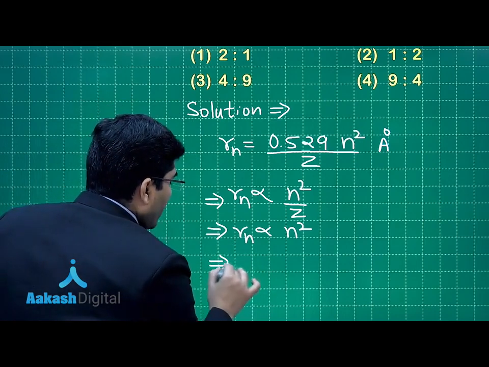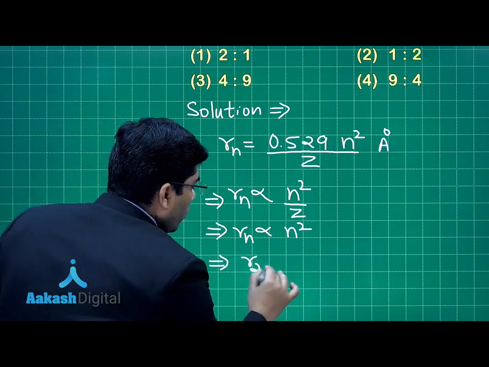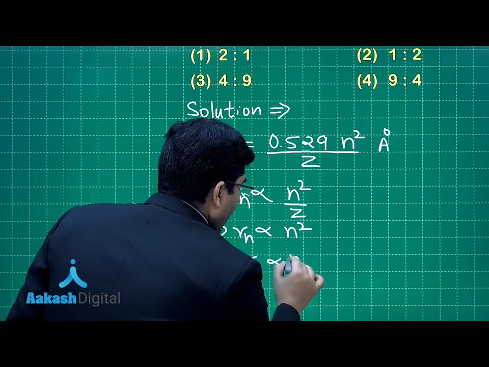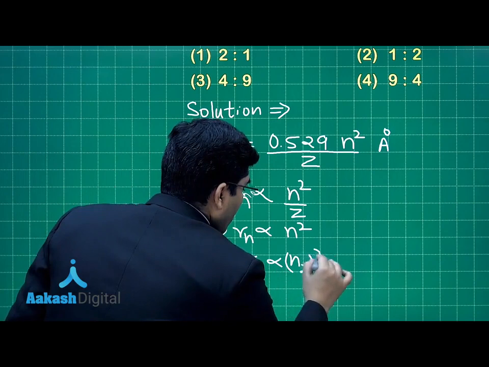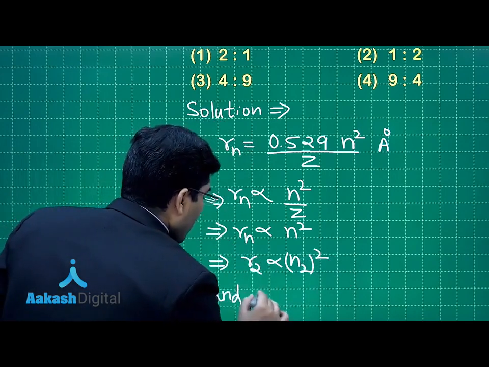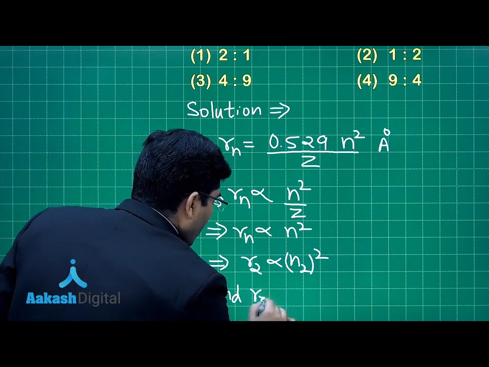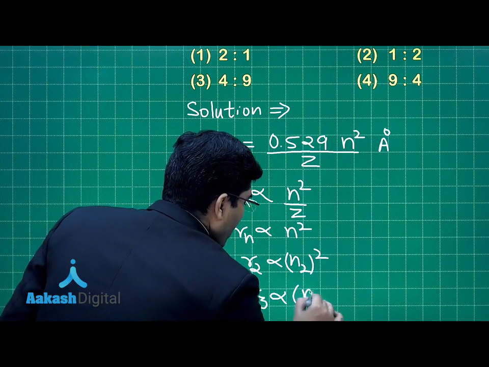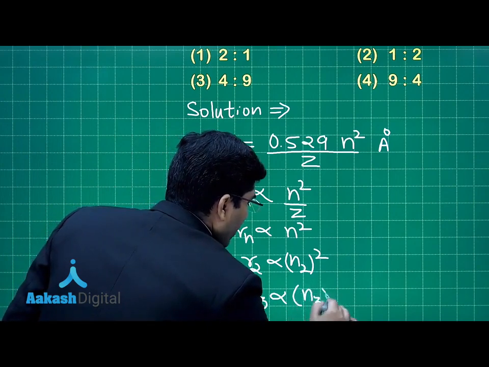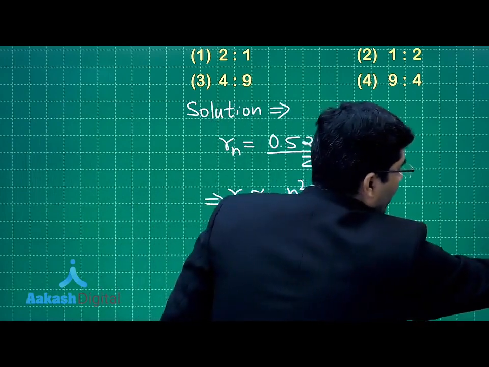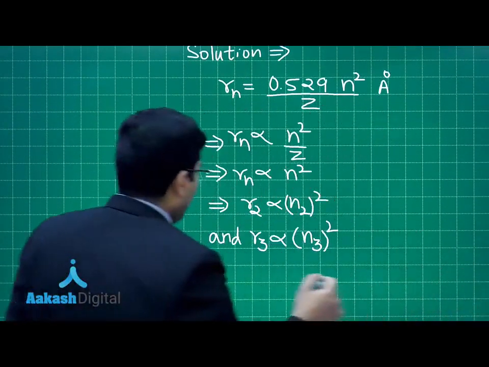That's why R2 will be proportional to n2 square, and R3 will be proportional to n3 square. Now what we will do, we will divide and find out the desired answer.